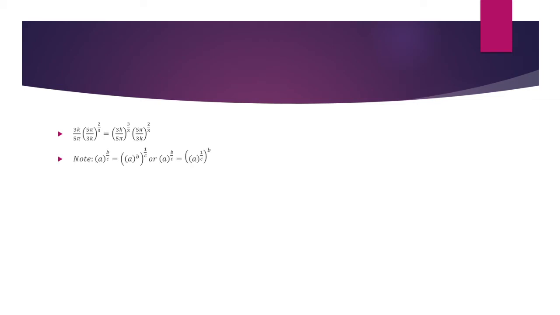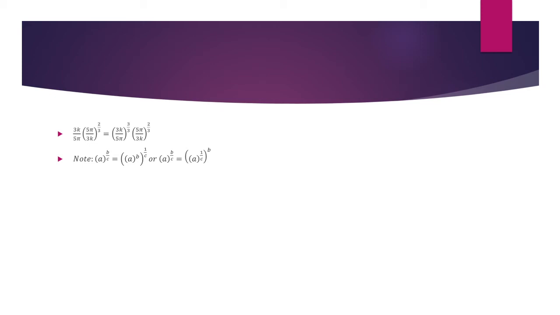Note that when I have a raised to the b over c power, that's the same thing as taking a, raising it to the b power, and then that entire thing raised to the 1 over c power. Which is also equivalent to taking a, raising it to the 1 over c power, and then taking that entire thing and raising it to the b power.